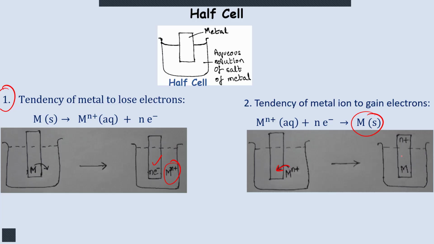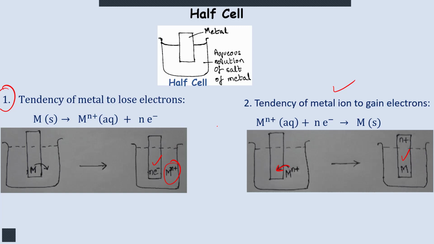Those metal atoms get deposited on the metal rod. Gaining electrons is reduction, so here reduction is taking place.